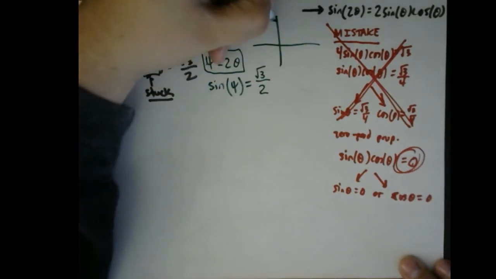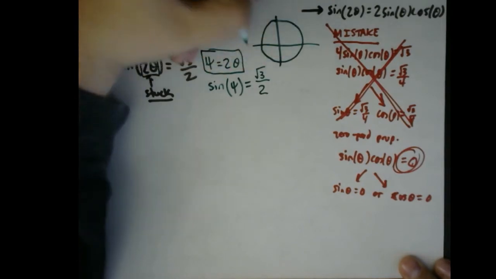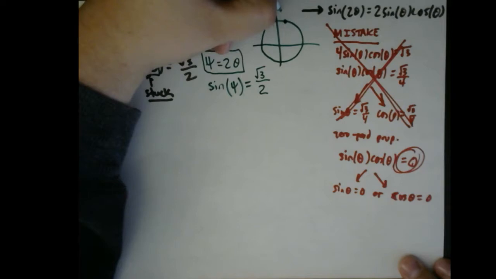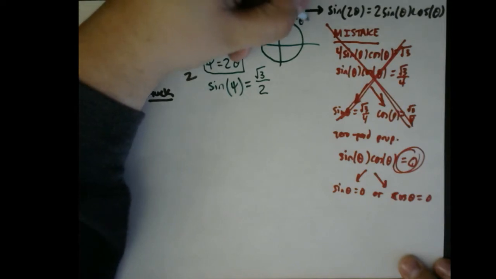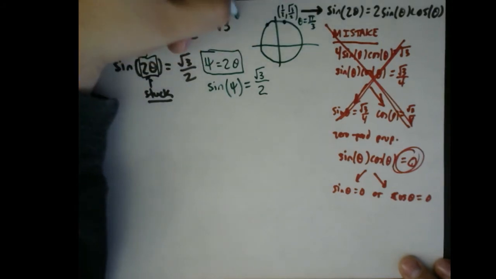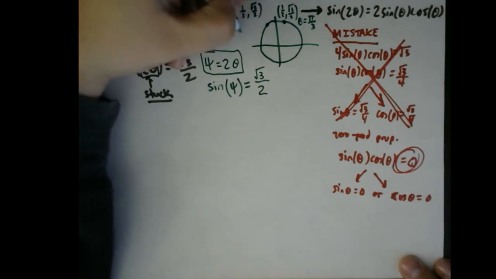We know on the unit circle, root 3 over 2 for a value of sine occurs at pi over 3, right? Because the coordinates here at pi over 3 and here at 2 pi over 3 have a negative on the x, sure, but the y value is the same. These two things are the solutions to this.